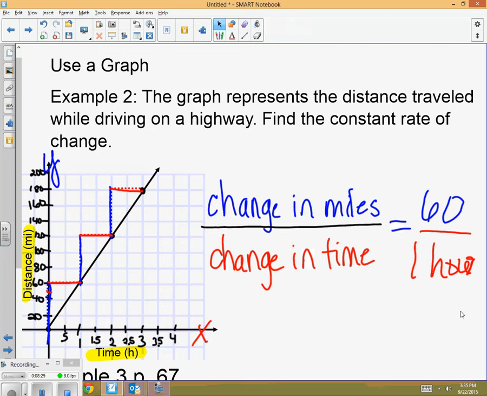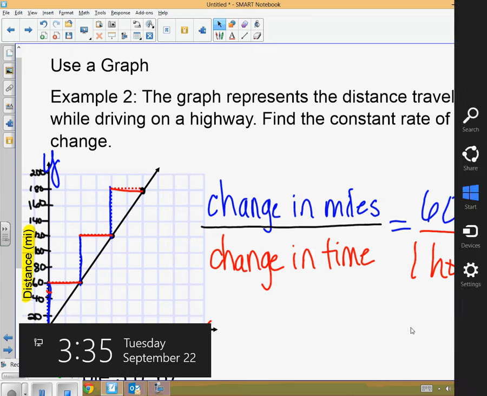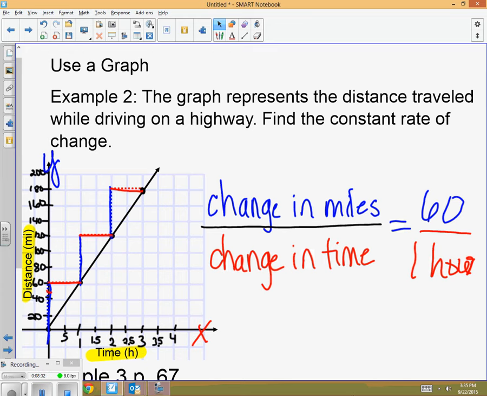Now, since we have 60 miles per hour, there's another way you can look at this, and this is to identify the ordered pairs. The points in the ordered pairs, first of all, it starts at 0, 0, the origin. So I'm going to label my graph with the points 0, 0. The next point is 1 for the x, 60.